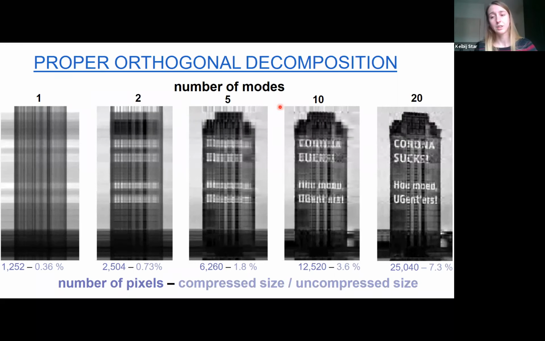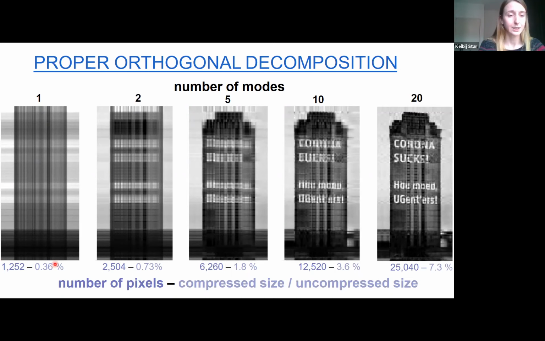The modes are ordered such that the first mode contains the most information of the original image compared to all the following modes. If you look here at the first mode, you can see it's rather compressed, it only has a little bit over 1,000 pixels.